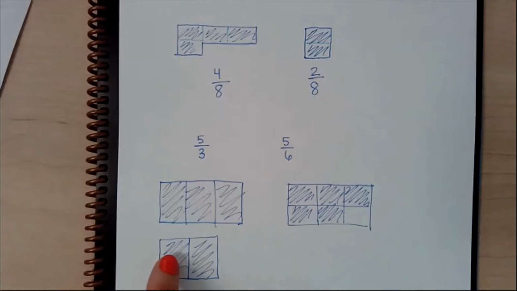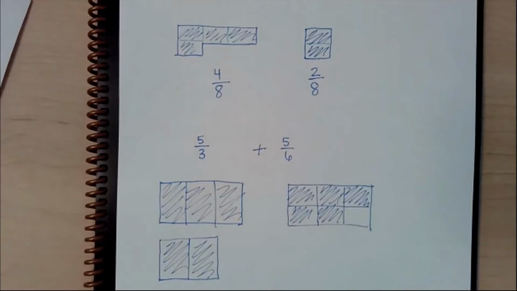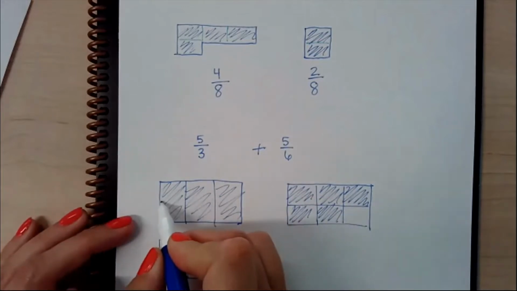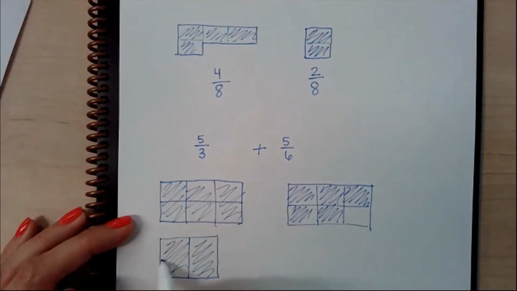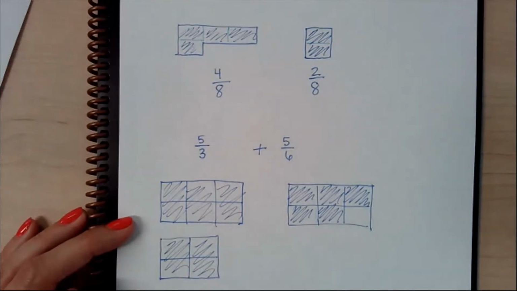Well, I can't just go adding these pieces to these pieces. If I want to put all of this together, I kind of have to fill in that spot. If I wanted to add these 2 things together, I'm going to have to take the ones over here and break them apart.